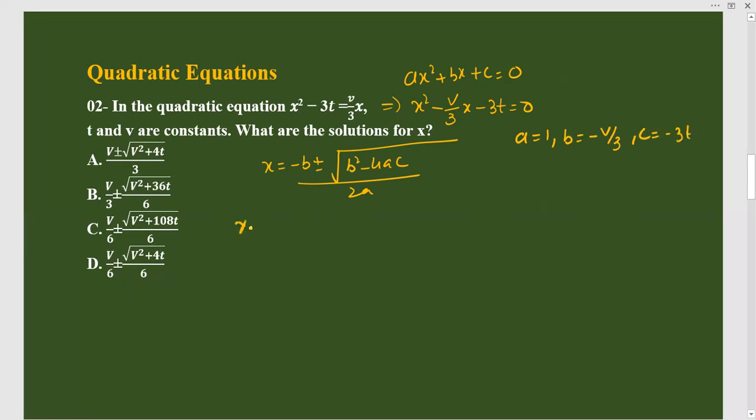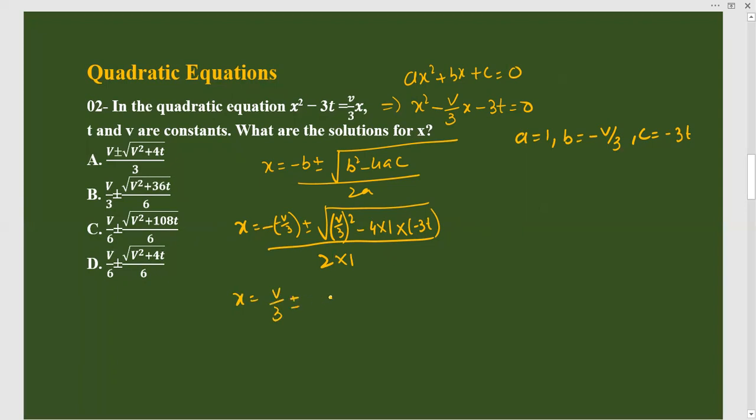Just plug the values in: minus b, that will be minus minus v over 3, plus minus the square root of v over 3 whole square, minus 4 into 1 into c, minus 3t, divided by 2 into 1. Okay, simplify this: minus into minus will be plus, and v square divided by 9, and 4 times 3t, minus into minus, plus 12t.